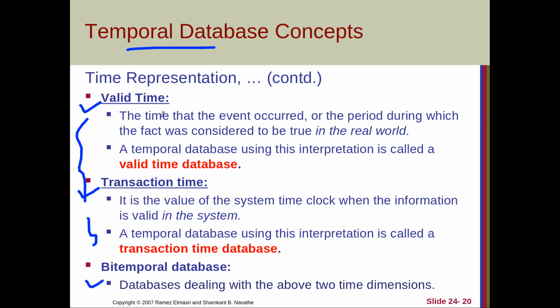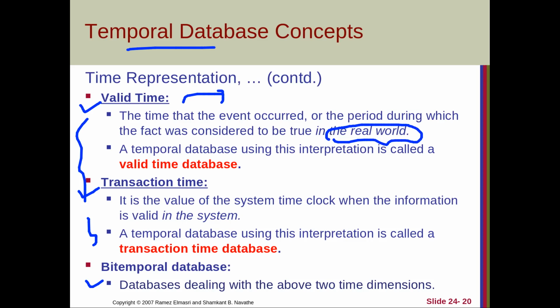So what is this valid time? Valid time is the time that the event occurred, or the period during which the fact was considered to be true in the real world. This is the important point. Valid time means some event or some duration event that occurred in the real world.